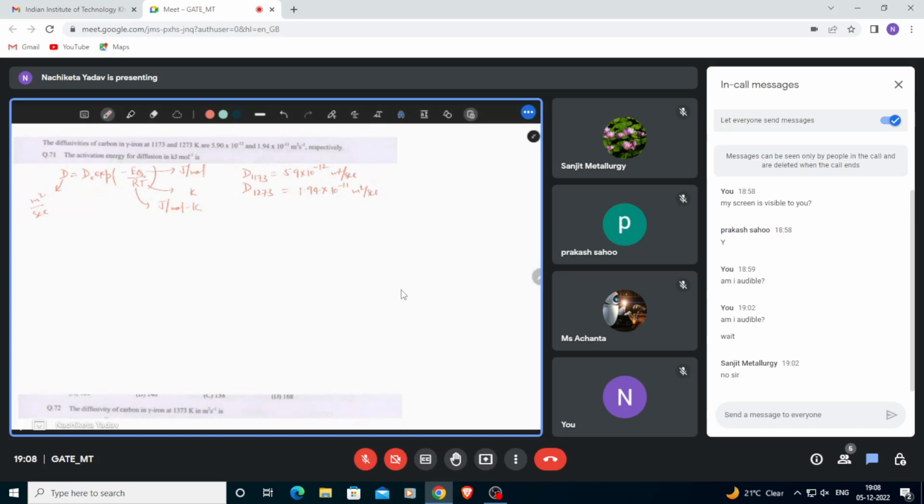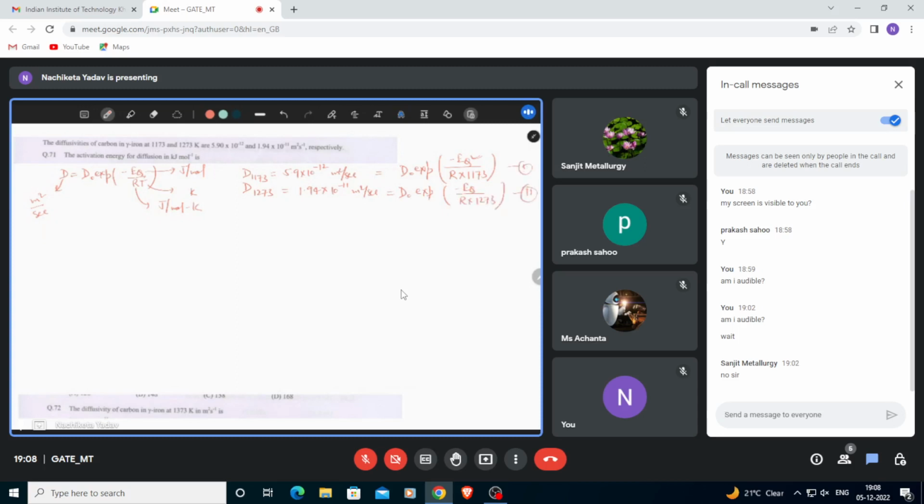So we will simply put the value: D0 exponential minus EQ by R into 1173. We have to calculate this EQ. R we know is the gas constant. Similarly, we will write for 1273 Kelvin. So this is our equation 1 and this is equation 2.